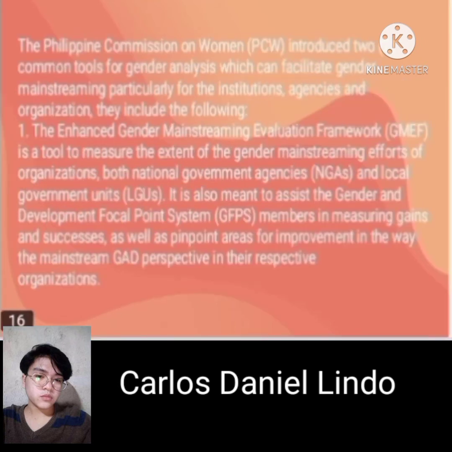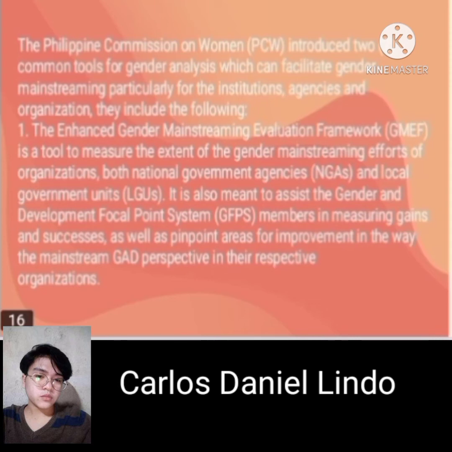So, sa Pilipinas, may inintroduce na dalawang tools for gender analysis, which are the Enhanced Gender Mainstreaming Evaluation Framework, tsaka yung the Harmonized Gender and Development Guidelines, or HGDG. First is the Enhanced Gender Mainstreaming Evaluation Framework, GMEF.